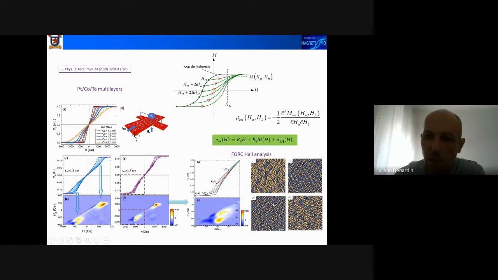And we see a lot of skyrmions. The same happened in 3 when we applied minus 1500 Oersted. We see a lot of skyrmions.